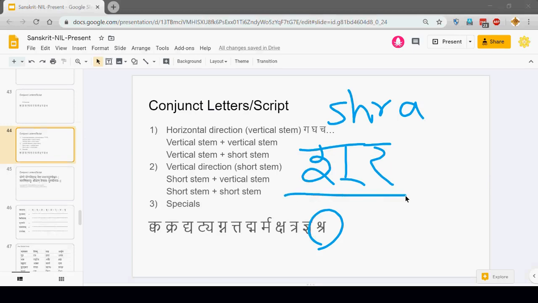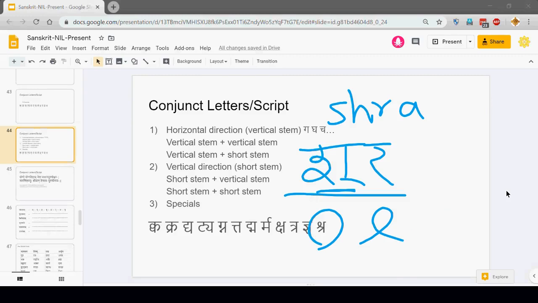Alternately, the consonant sh, if it is coming in the beginning, can also be written like this, and then the following consonant. This is shwa, okay. And you can also see it like this, top to bottom, that is also fine, or it can follow also like shwa.